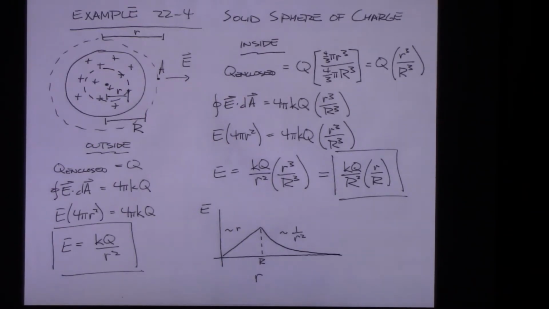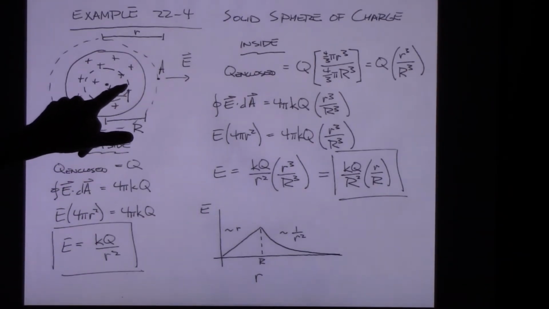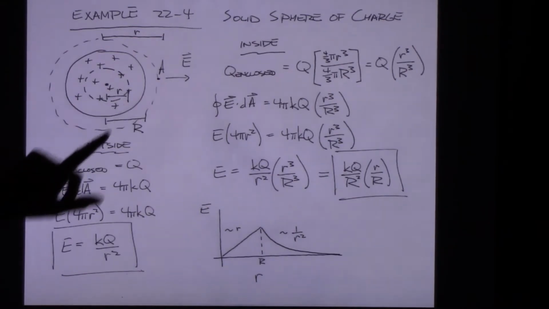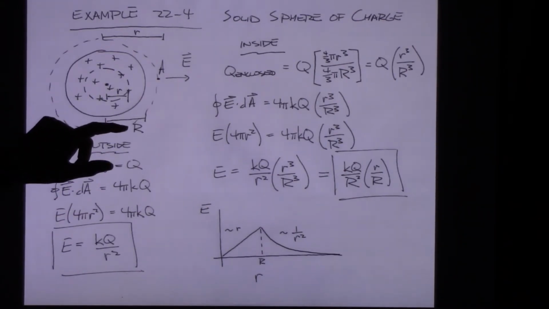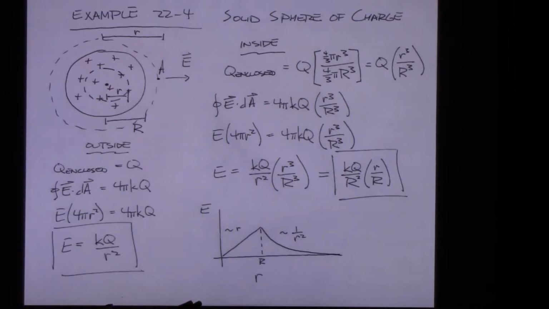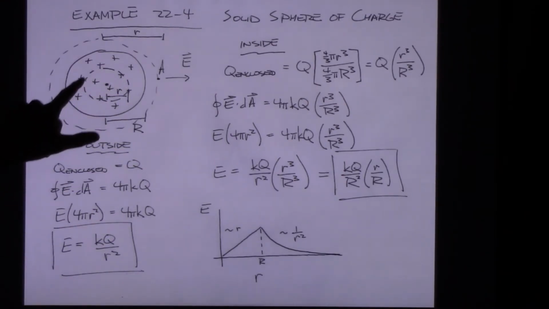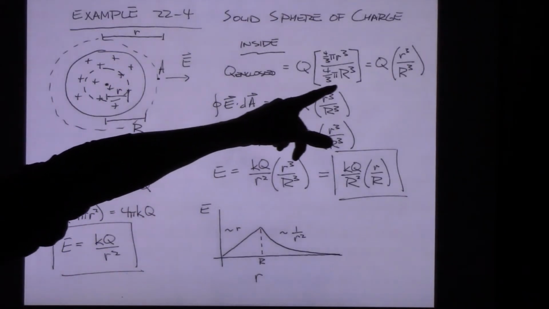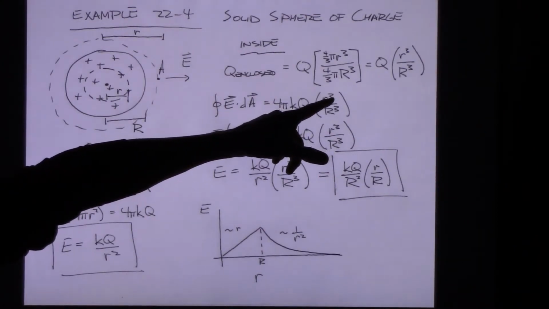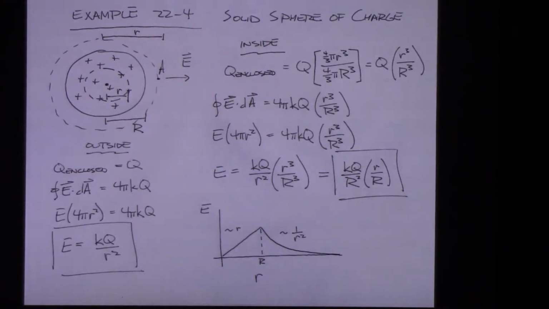When I'm calculating the electric field due to this charge distribution, if I'm at some point B, which I haven't labeled here, but along that Gaussian surface, I can ignore all the charge outside and just include the charges within that volume. So the enclosed charge now is not just q, it's little r cubed over big R cubed. It's a fraction of the total charge.